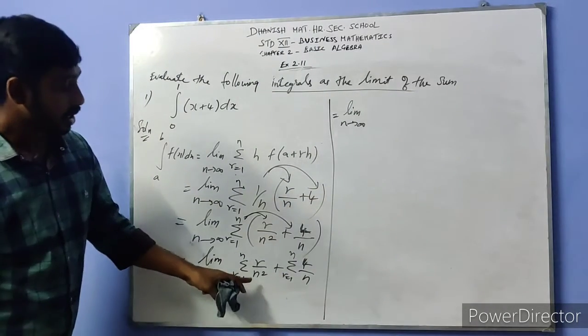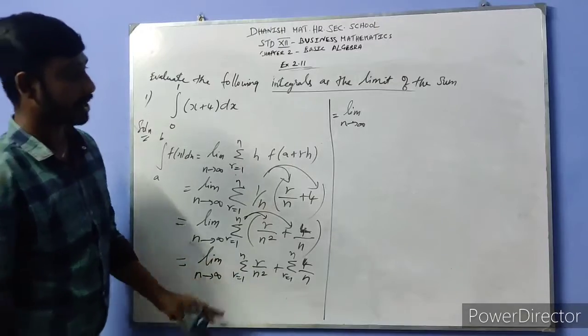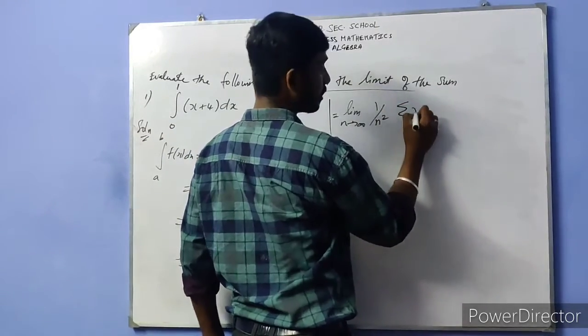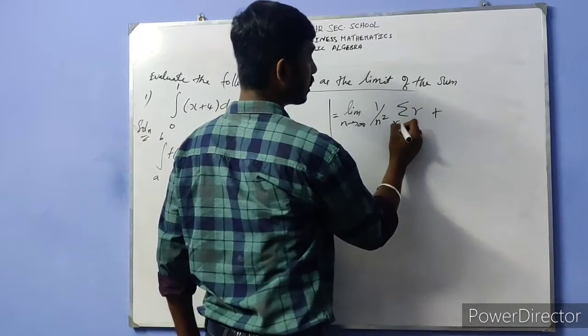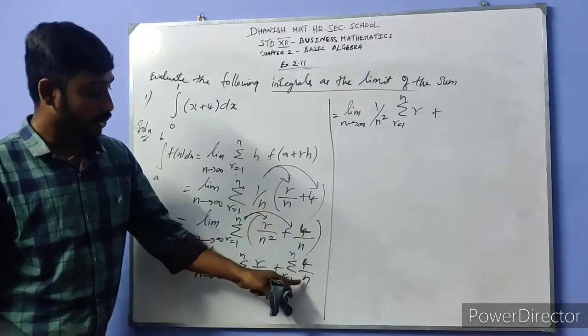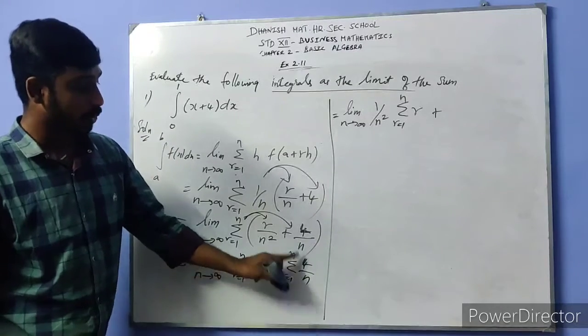Now I am going to take out 1 by n square from the summation. What is the remaining? Summation of r here. And in this place we are going to take 1 by n out from the summation.